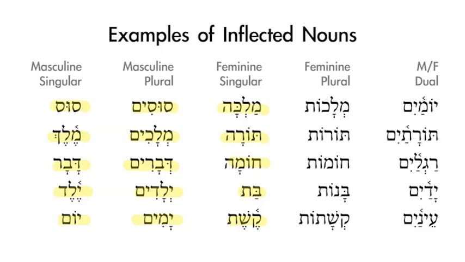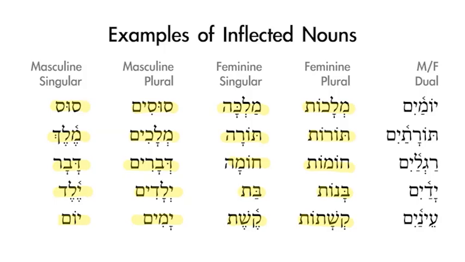Feminine plural nouns: melachot, torot, chomot, banot, and keshatot. Notice how all of those feminine plural nouns end in holam vav tau, "oth." It doesn't matter what it ends with in the feminine singular, whether kametz he or tau, it's always going to end in "oth" in the feminine plural.